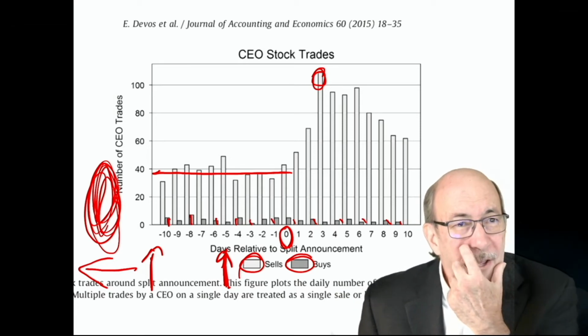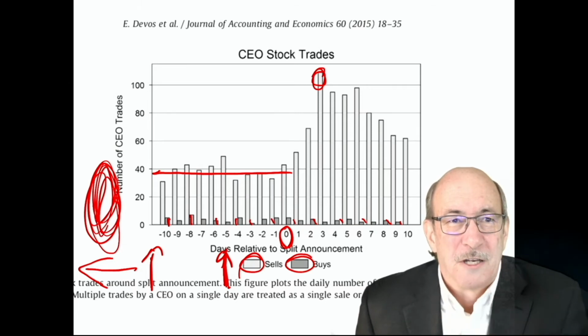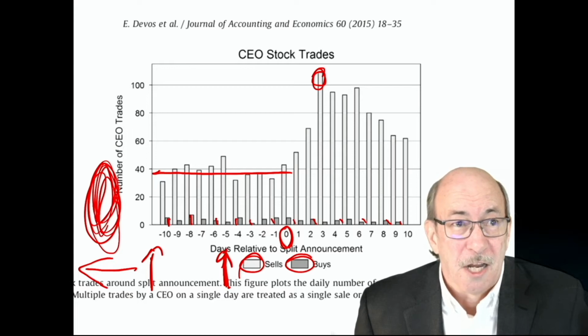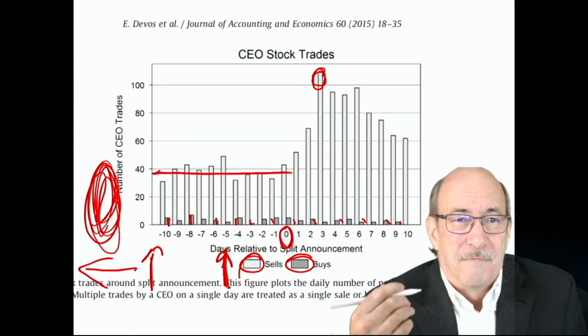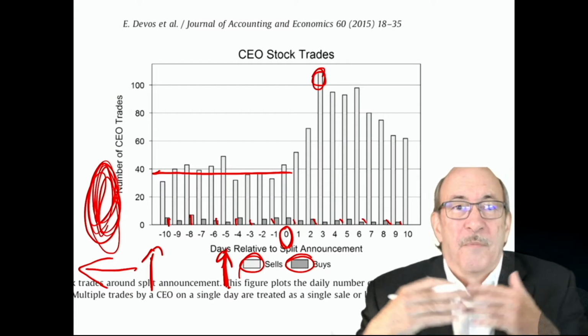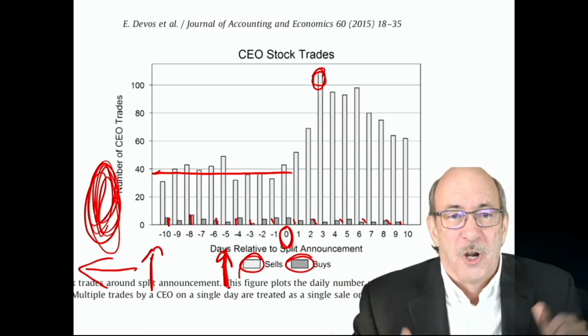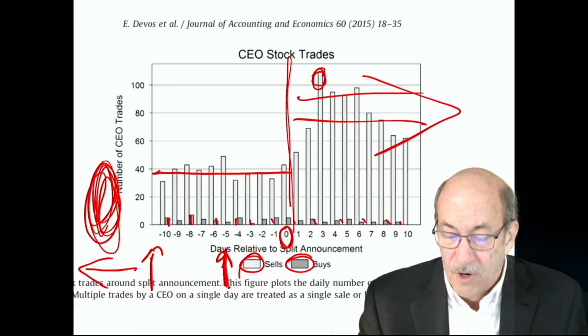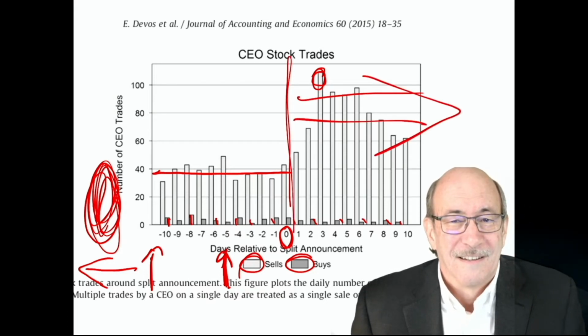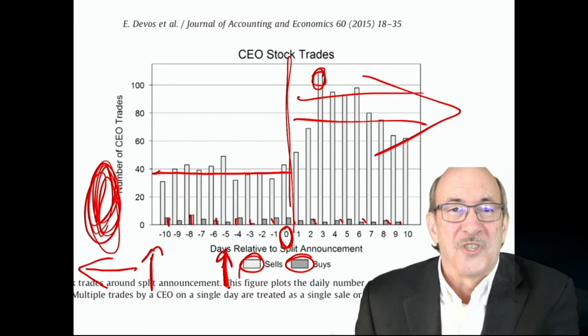The other thing going against anybody trying to prosecute an insider for this as illegal trading is that when is information more symmetric between insiders and the market? Right there, right? The announcement removes that asymmetry.